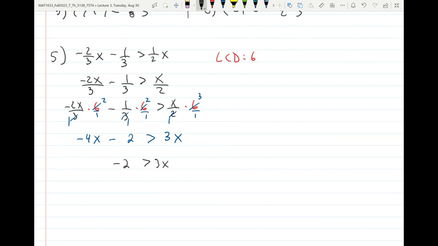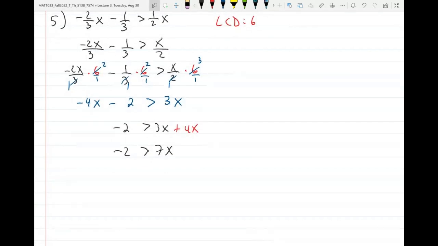So the 3x is here, and then the negative 4x, I'm going to bring it here positive. Now, the thing is that you have to understand how to read this, okay? So now we divide by 7. So we get negative 2 over 7 is greater than x. No need to flip anything. Now, how do you read this?